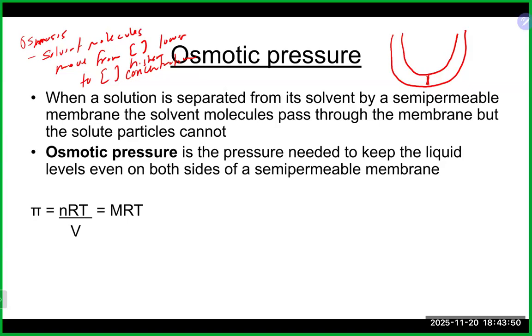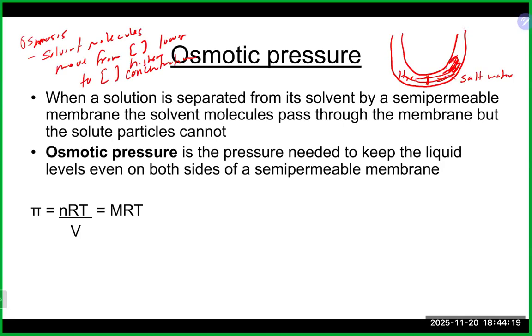And that's what creates osmotic pressure. For example, if I had salt water on this side of the membrane and pure water on the other side, the salt water is more concentrated because it's got stuff dissolved in it. So by osmosis, the water molecules will flow to the other side in an effort to dilute down that side.